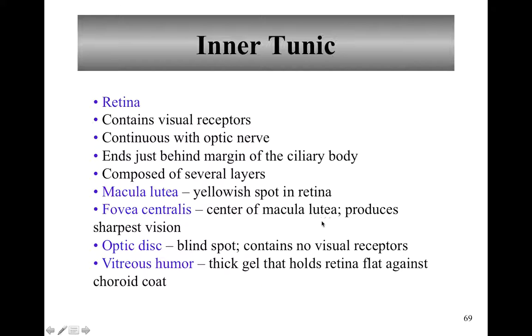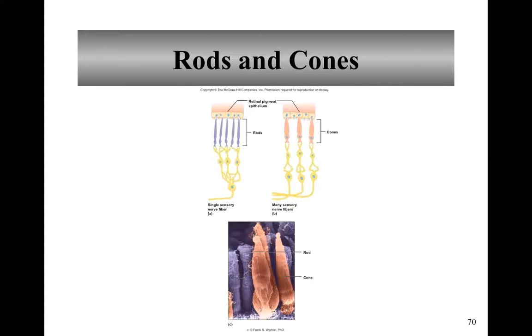Fovea centralis is the place where we have the most cones. We'll talk about that in a second. Optic disc is a blind spot. The optic disc is the blind spot that's created where the optic nerve is in the retina, and there's two of them, one in each eye. Vitreous humor is the gel that holds the shape of the eye and holds the retina against the choroid coat.